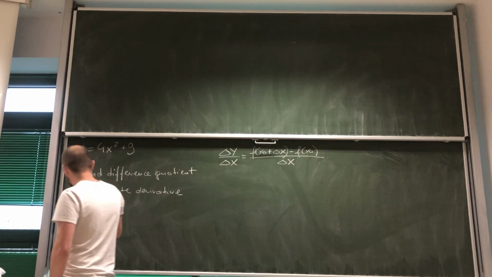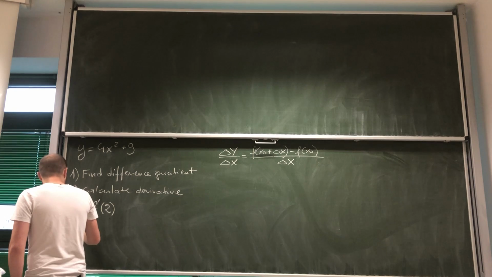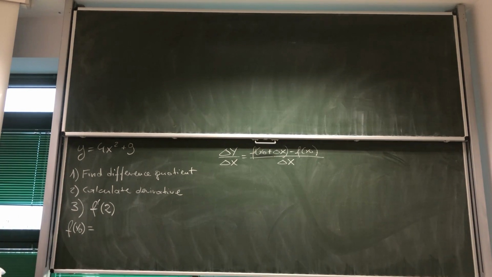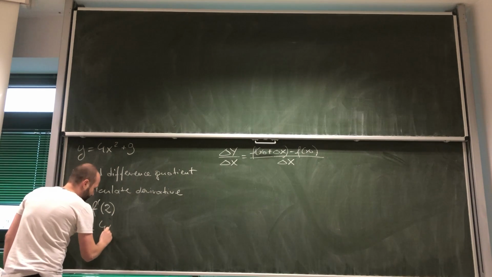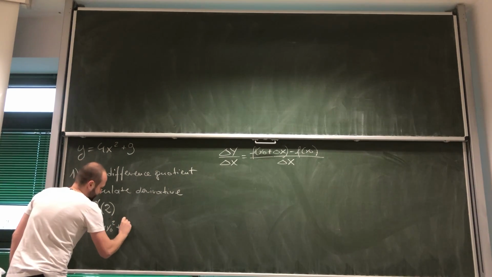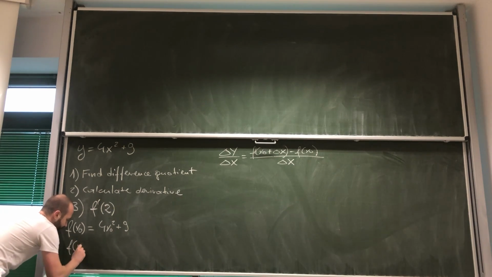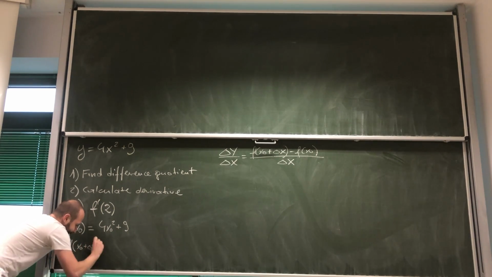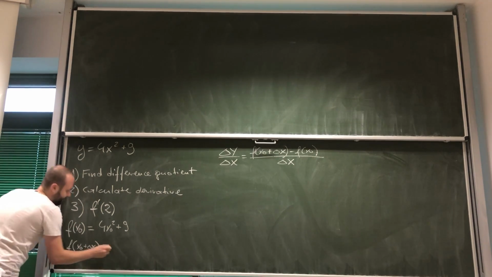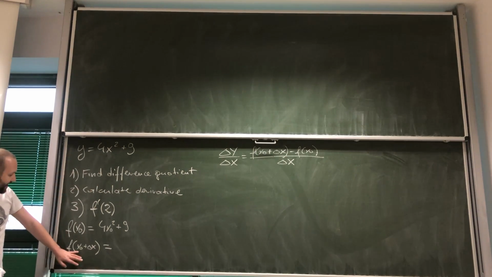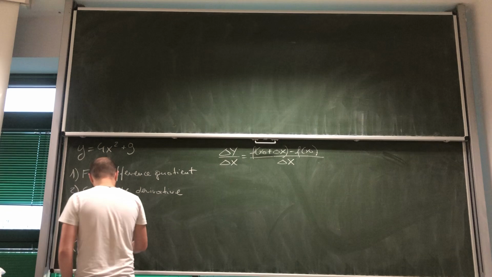So we've got that f of x0. In order to get that, I just replace x with x0, so it's 4x0 squared plus 9. Then f of x0 plus delta x is what we're going to get if I replace x with x0 plus delta x.